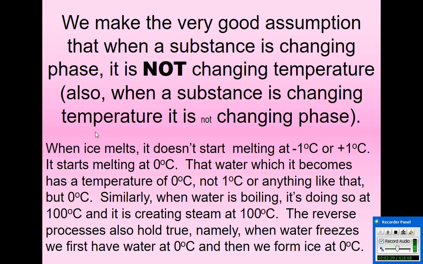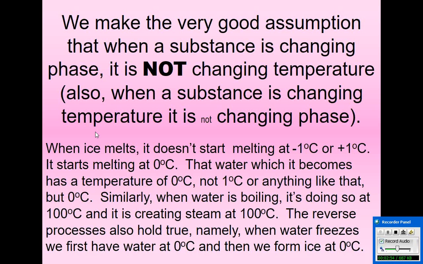And for that matter, when a substance is changing temperature, it is not changing phase. So it's either one change or another. Either when you add or remove heat, you're changing the temperature of a substance, or when you add or remove heat, you're in the process of changing the phase of a substance, but you're never doing both simultaneously.